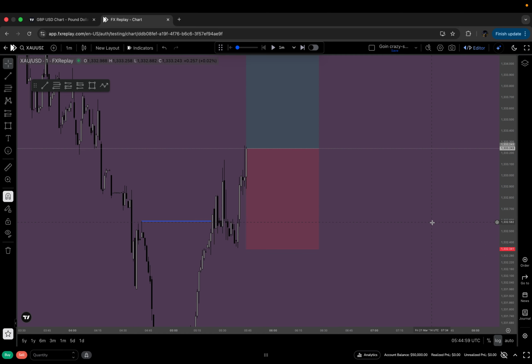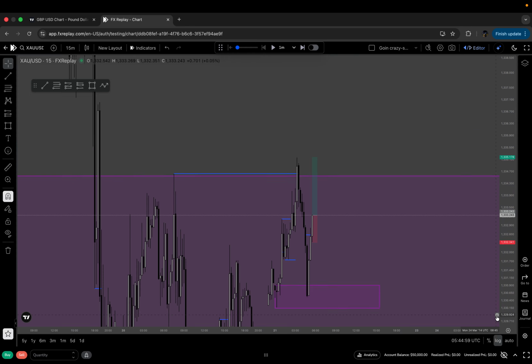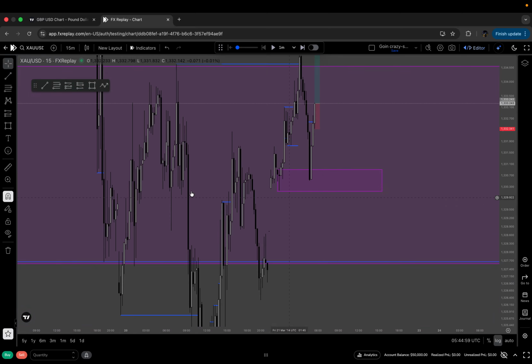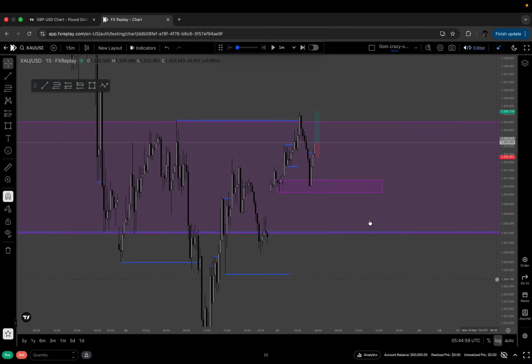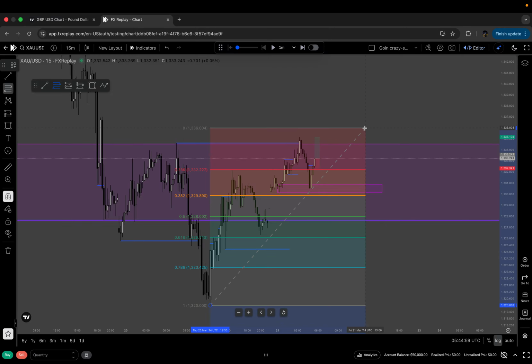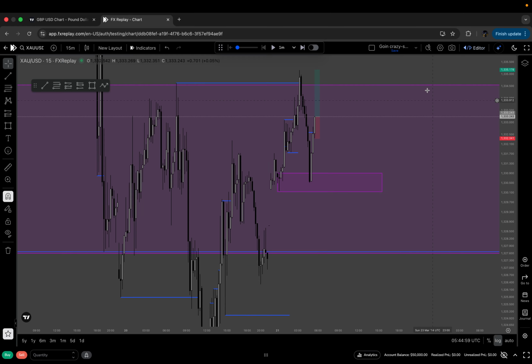I'll tell you guys why. Target the next high. We broke external. We had our POIs. I'm not sure whether this is within equilibrium or not. Let's see. It wasn't, but we have our entry confirmation.